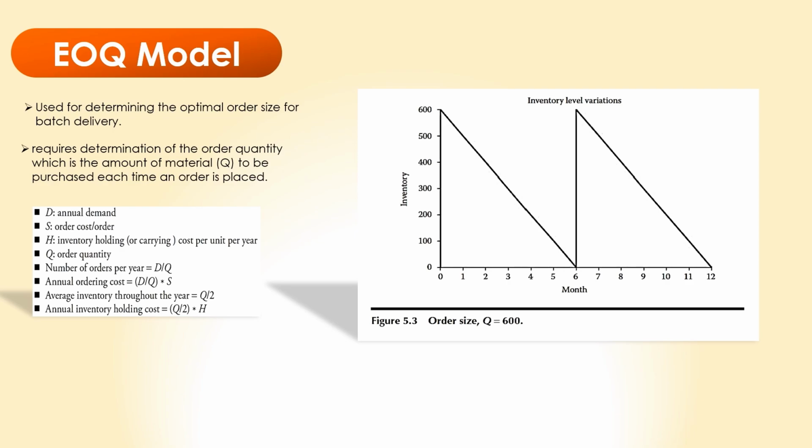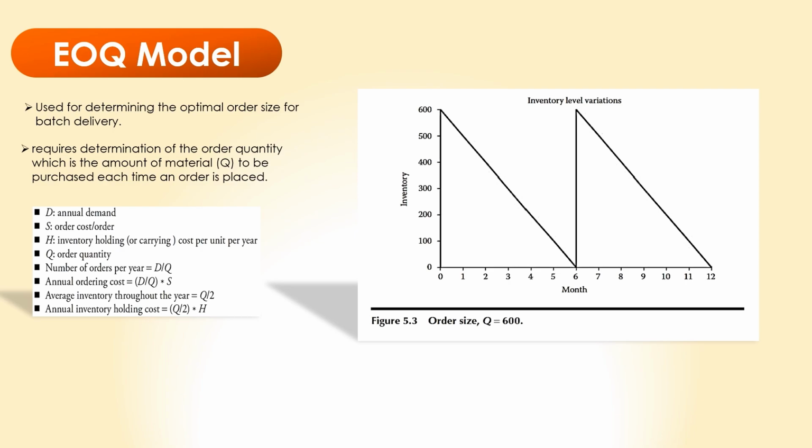So if we will average this inventory in whole year, that would be 600 plus 0 plus 600 plus 0 all over 4. So 1,200 over 4 is equal to 300. And 300 is half also of 600, which is the Q in this case. So again, we can conclude that the formula for the average inventory throughout the year is Q over 2.